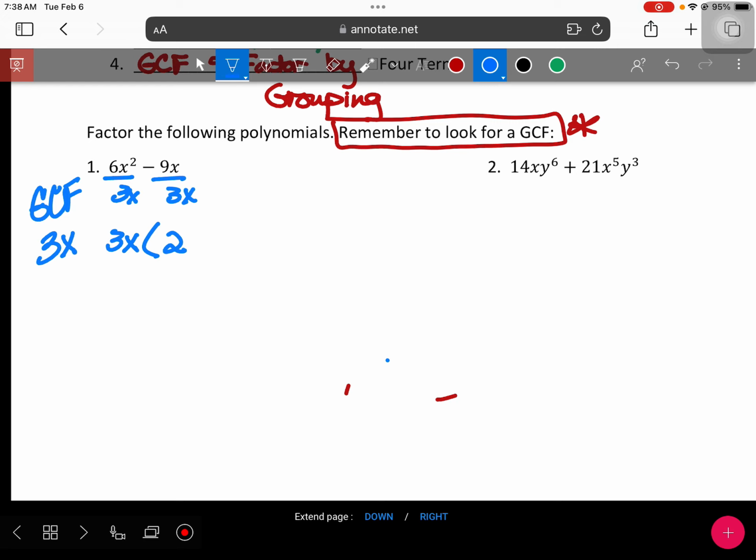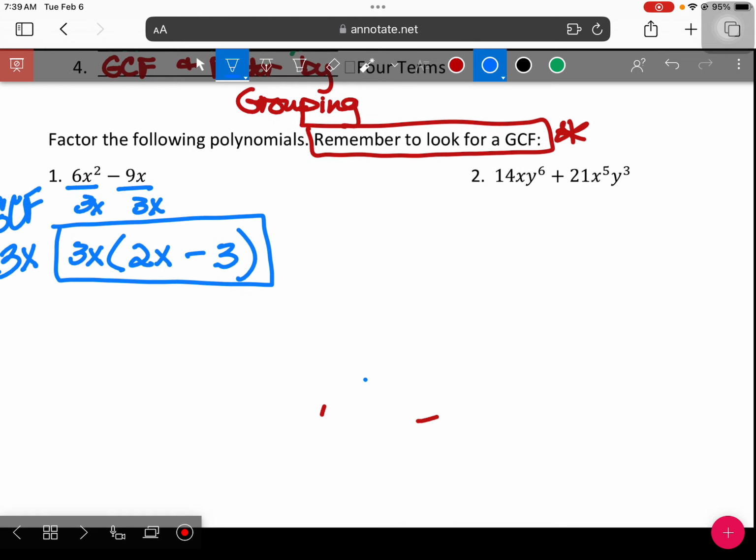X squared divided by x is x. Minus 9 divided by 3 is 3, and x divided by x, 1. 3 times 1 is 3. So here is your final answer. So that one just had a greatest common factor. Any questions about that?